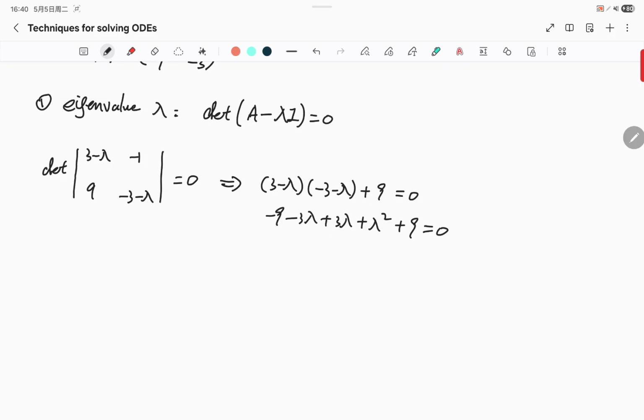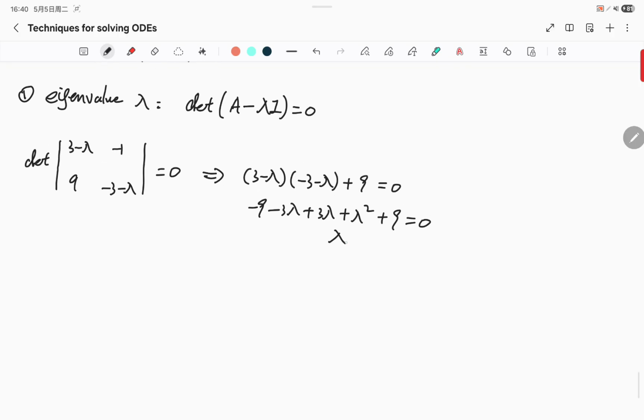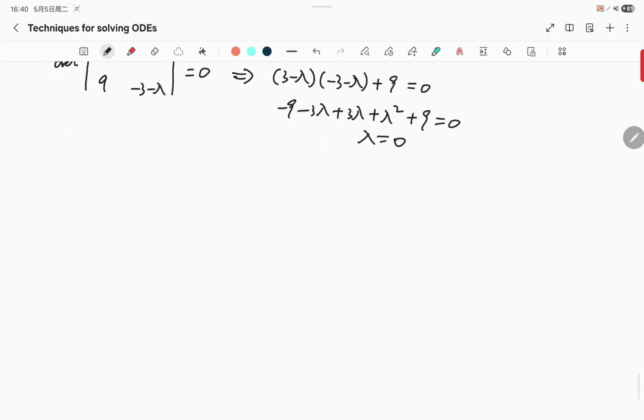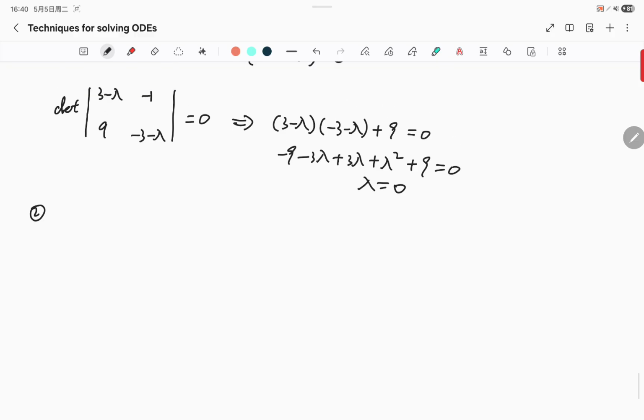Minus 3 lambda plus 3 lambda cancel out. And for lambda, I have 0, which is, don't panic, getting 0 is kind of normal. It is a real root, right? Because 0 is a real number. It's not a complex.